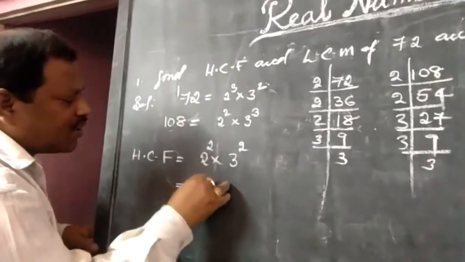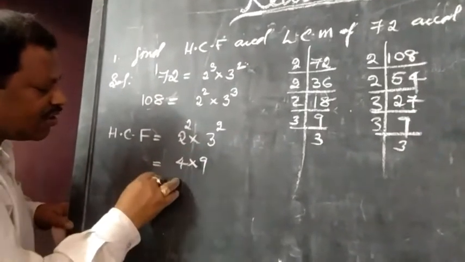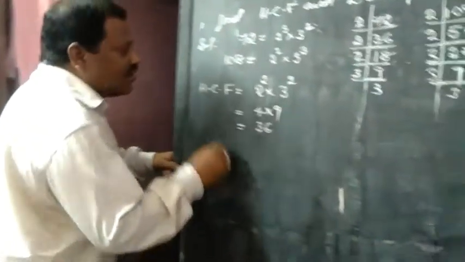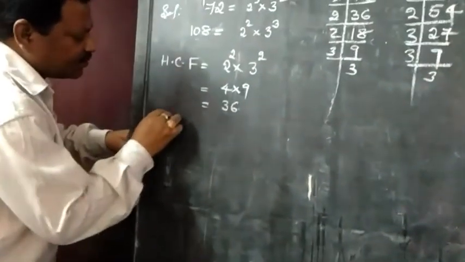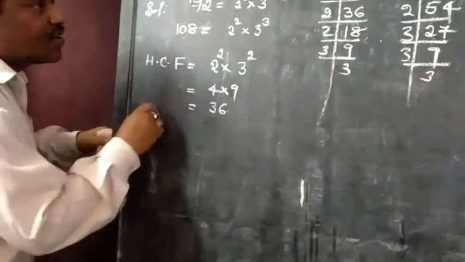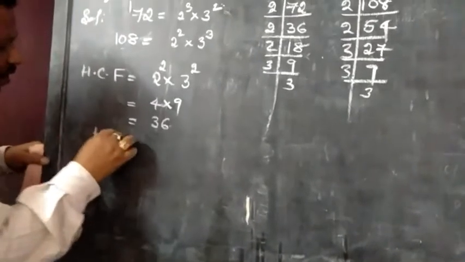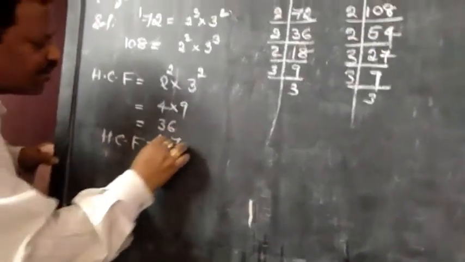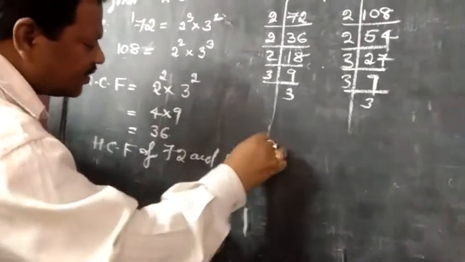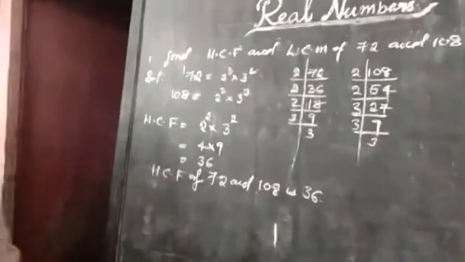Now 2 square means how much? 4. 3 square means 9. 9 fours are how much? 36. 36 is the HCF of 72 and 108. Therefore the HCF of 72 and 108 is 36. Now how do you find the LCM?